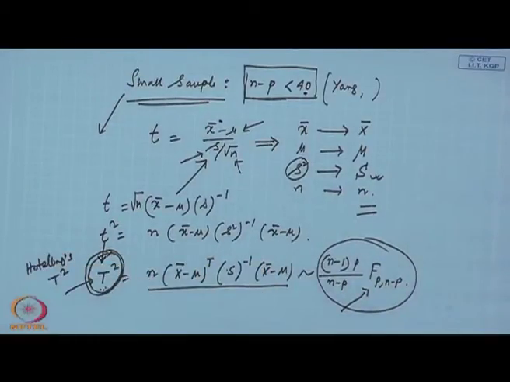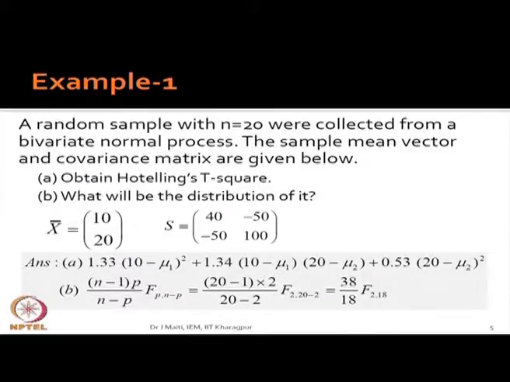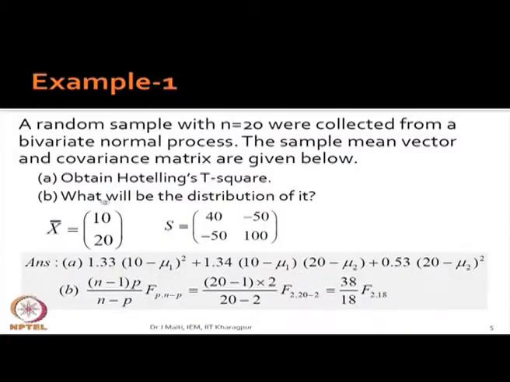Okay. Now, see the problem I have solved in another class. Again I want to solve it here, and it may be repetition for some of you, but for others it is not. A random sample of size n equal to 20 was collected from a bivariate normal process.